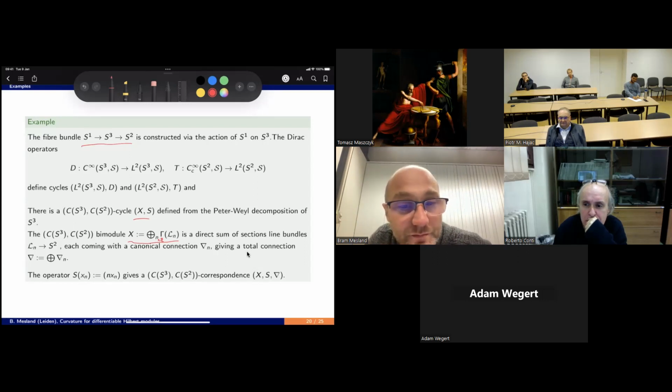For n positive, you have a simple formula, but for n negative, this formula is more complicated. So positive charge comes from this tautological bundle, but for negative, it's more complicated. But the connections are not dual somehow. The modules are dual. These are direct summands in more complicated modules.